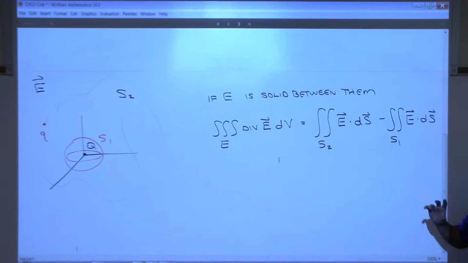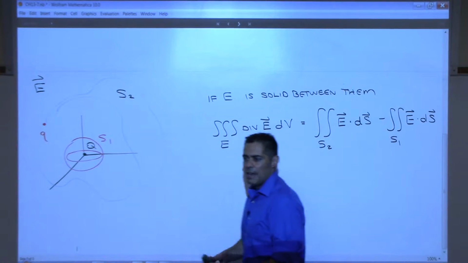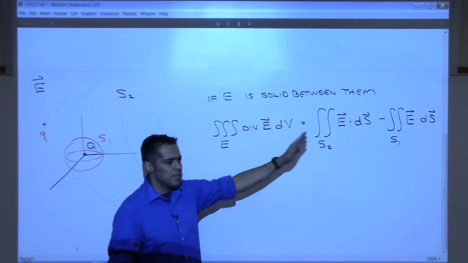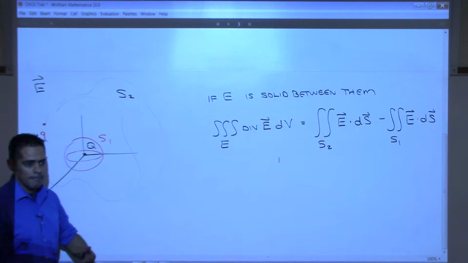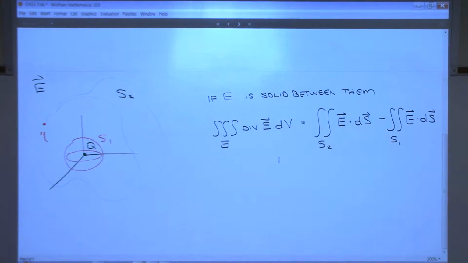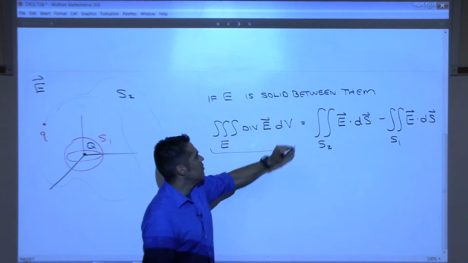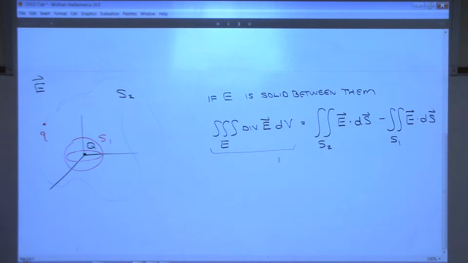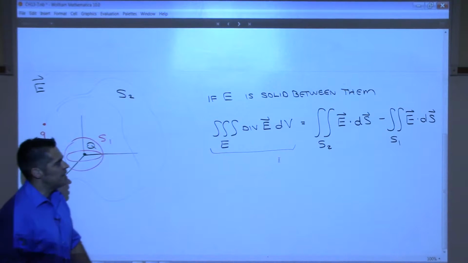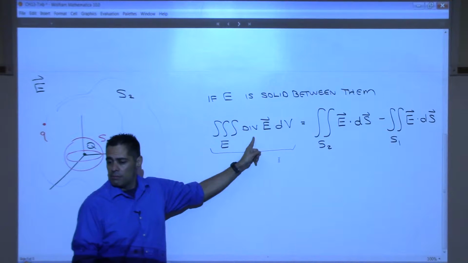Now, if you remember how I snuck in and did the other problem, I was able to show one of these with something real quickly and easily. I'm going to do something similar here. I'm actually going to work on the left side of this right now, which means I want to find the div of E. All right? What's going to happen is that this is actually going to become 0.